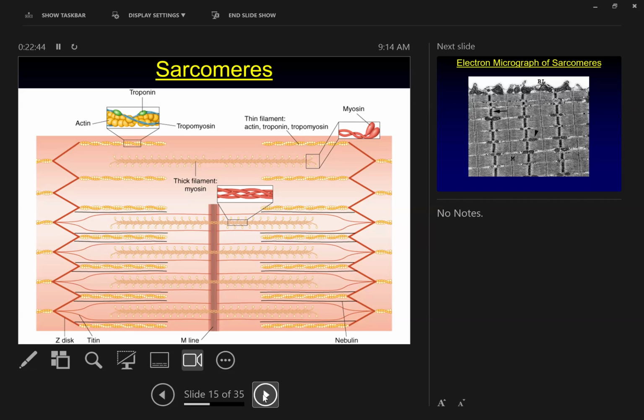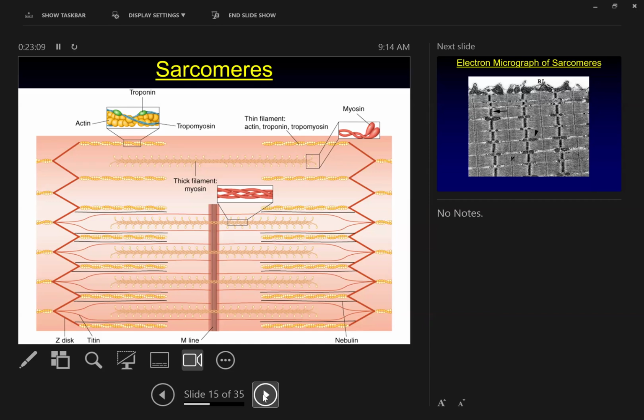What you need to know about the sarcomere is that in between the Z lines, we are going to stack up and pack together in 3 dimensions actin filaments, which are these gold and yellow looking filaments here, and myosin filaments, which are the orangey red looking things here.